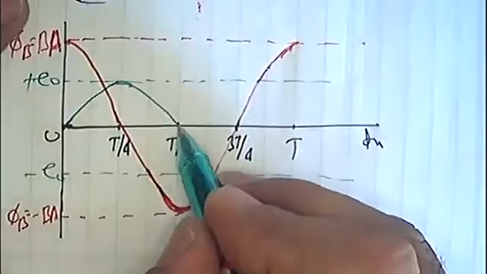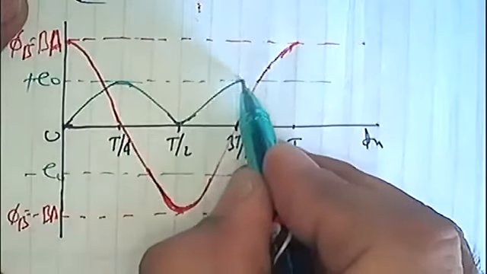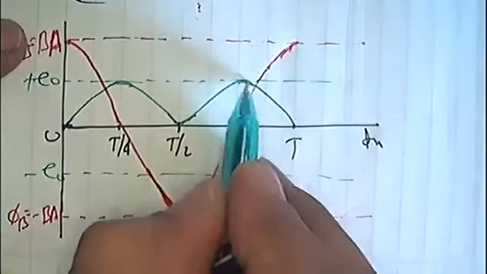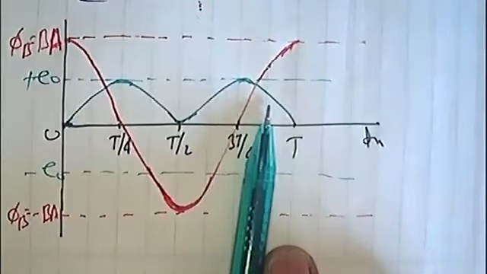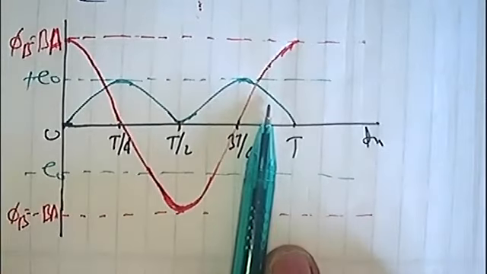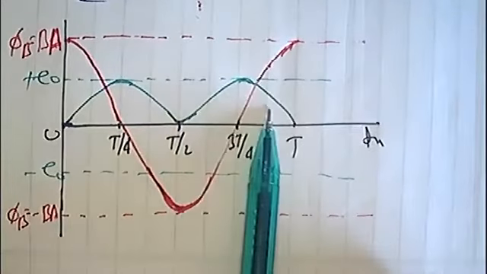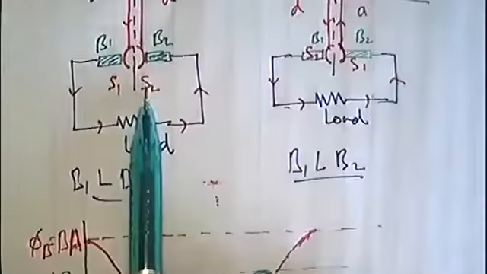Again, the EMF increases in the same direction, increases and then decreases. It means you have transformed negative half into positive half with the help of commutator, with the help of split rings.